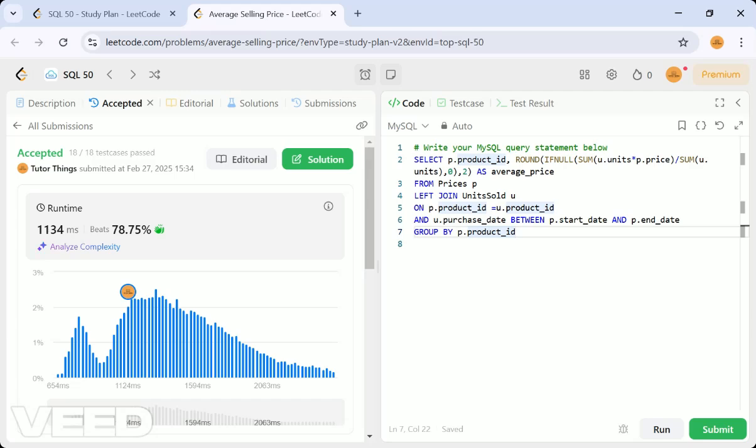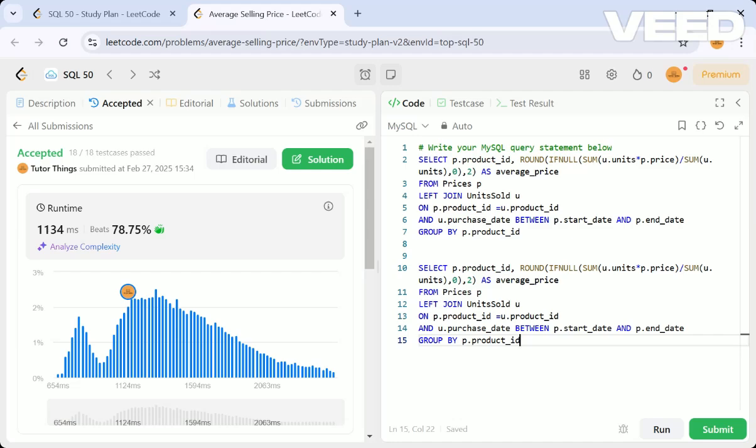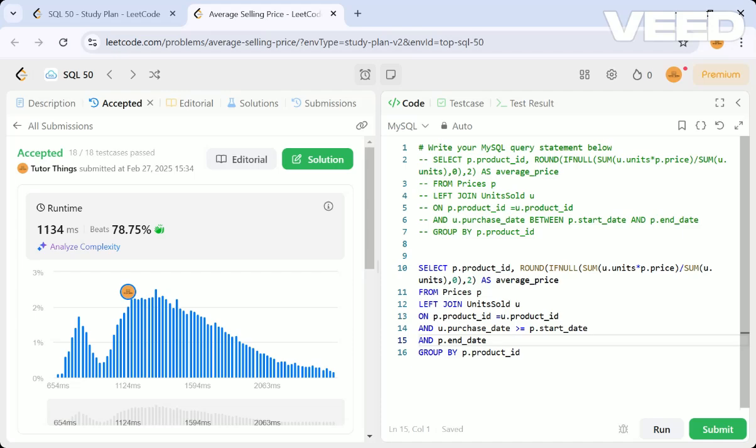The simple thing we have to do is comment out this part and show you. Here the purchase date is there, right? Instead of between, what we can do is purchase date greater than or equal to start date, and purchase date less than or equal to end date.